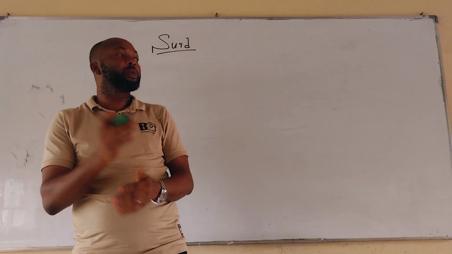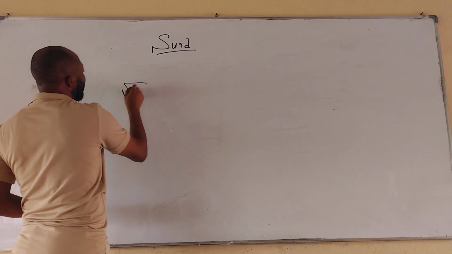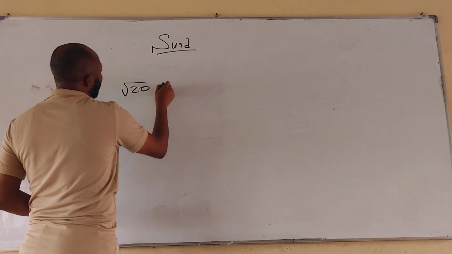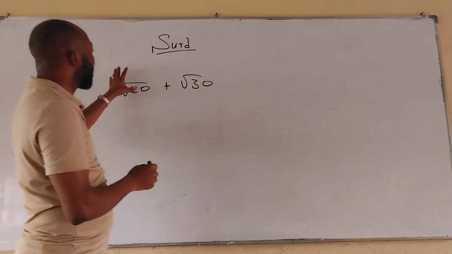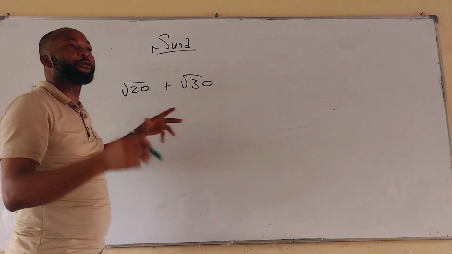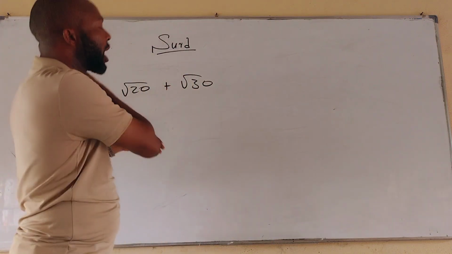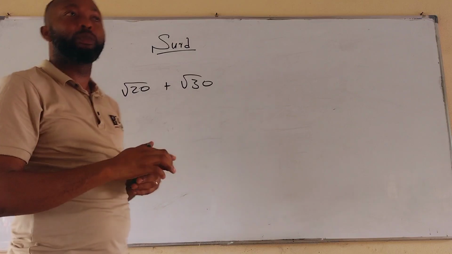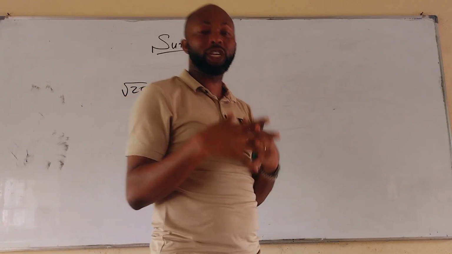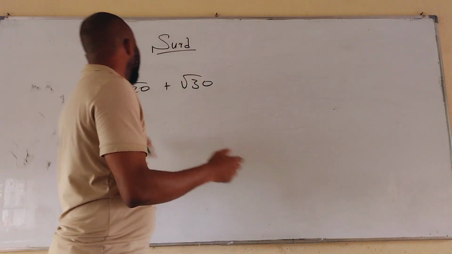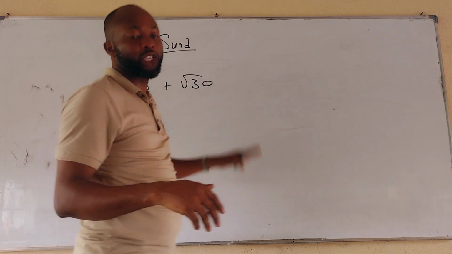So they have to be in their basic form. Why? If I have root 20, let's say, plus root 30, I can't just add them. You have to sometimes simplify them to be in the form whereby they cannot be simplified further. And that is where you know whether you have to add or subtract. Because by so doing, you'll be able to see surds that are similar that you add, or those that are not similar, and so on. So in this manner, you can't tell whether there are similar surds here or not.